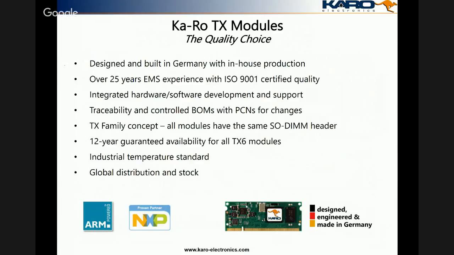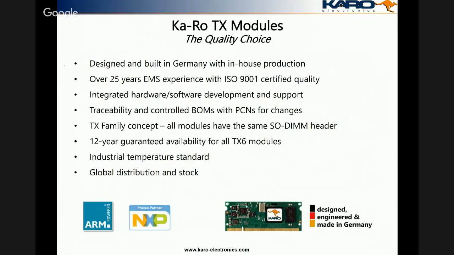And we know very well that there's a requirement for long-term availability in industrial products. And we can ensure that all TX6 modules, those are based on NXP i.MX6, are guaranteed availability of 12 years. That's until 2028.